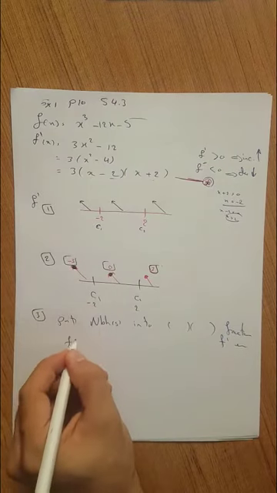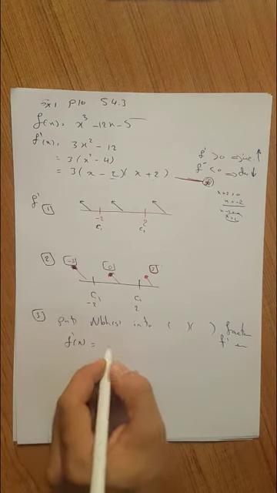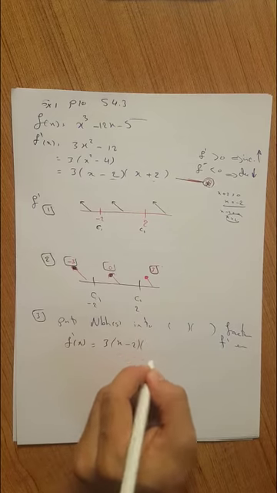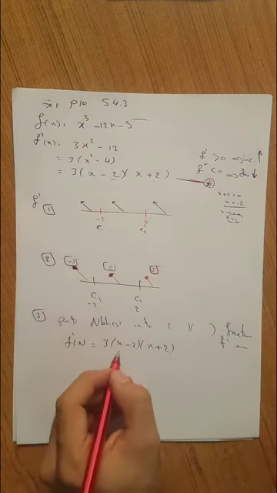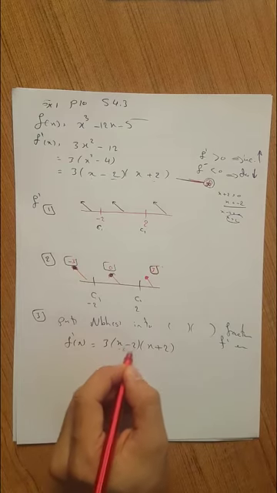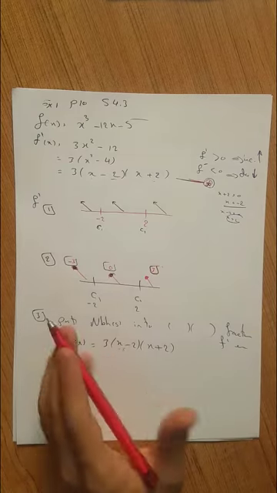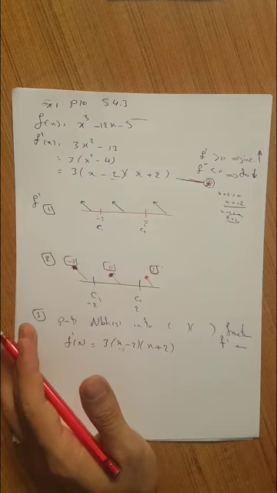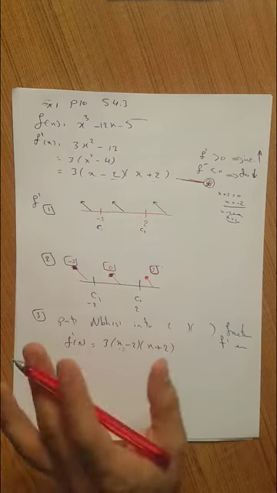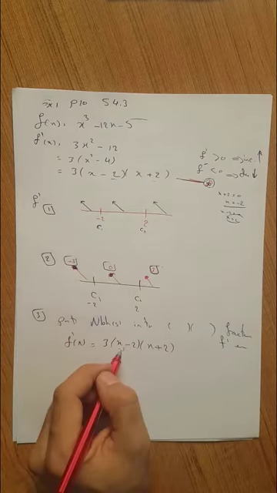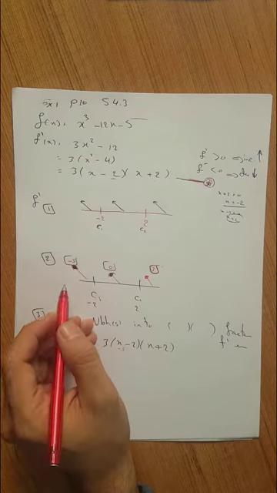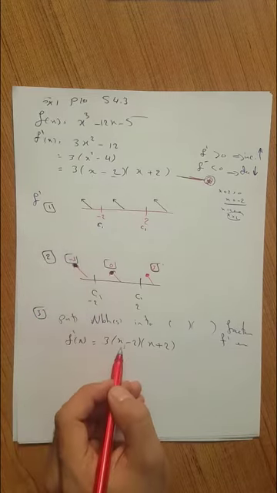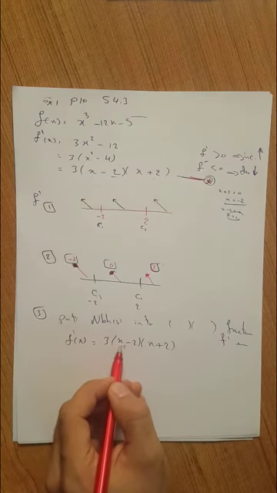I have f prime of x is equal to 3 times (x minus 2)(x plus 2). If I put -3 into here, I get what? The important thing here is the sign, not the result. Okay, don't mind the result. I need the sign. So if I put -3 into here, I get -5, so minus.